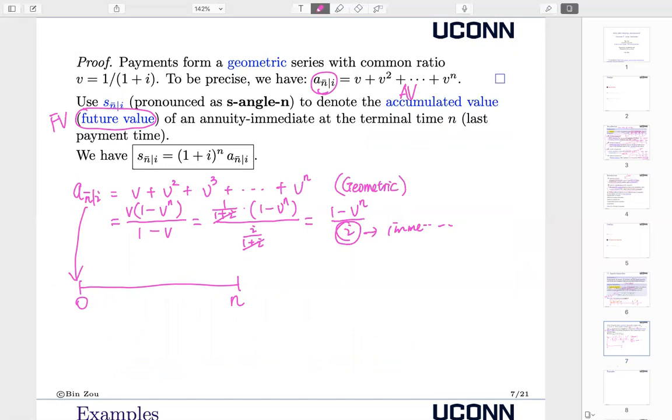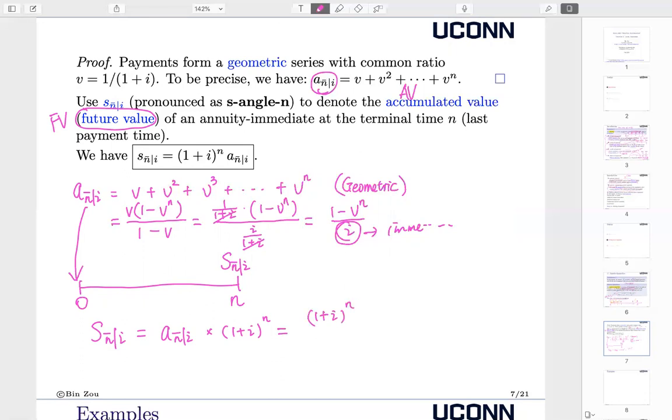And we want to know the accumulated value at time N. That is read as S angle N. So here the interest rate is I, so I write S angle N at I. This is nothing but the starting value, A angle N times AVF. This is AVF for N years, so once you have this, it will be 1 plus I to the nth.